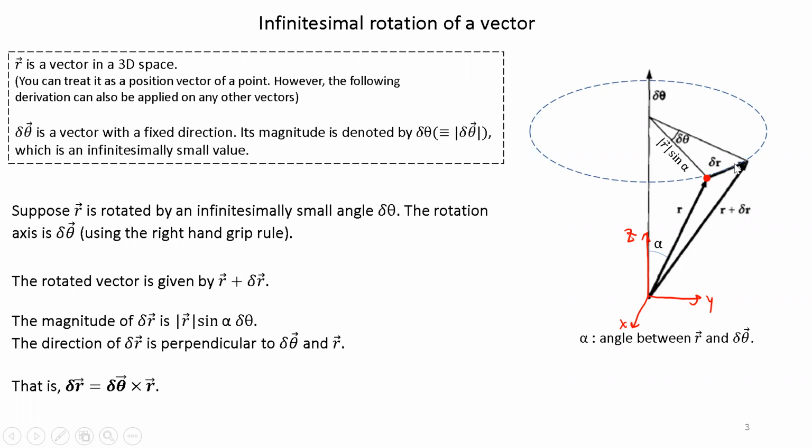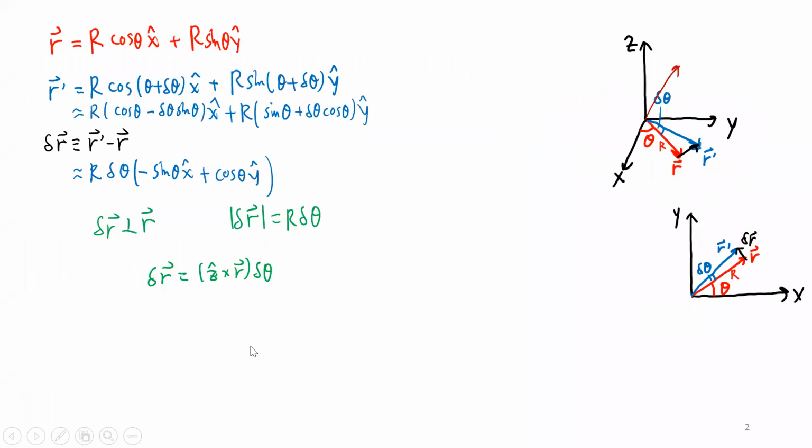And again, just looking at this geometry here, you'll be able to conclude that this delta R, this change in R, is given by this delta theta cross R. So if I go back to here, basically I'm defining this delta theta vector as delta theta times z hat.